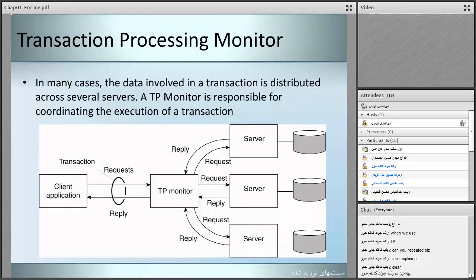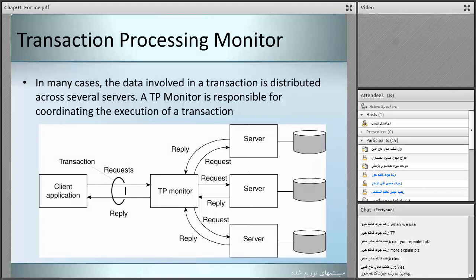Good. Why do we use decentralized data? I said when we use decentralized, distributed data, we need a TP monitor. But why do we distribute data on different servers? Please note that these servers are not copies of each other.